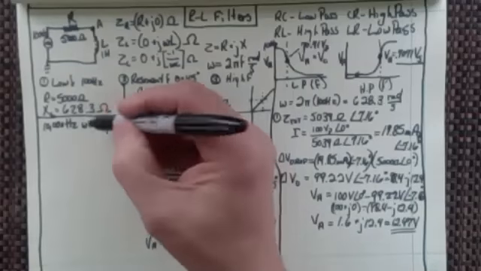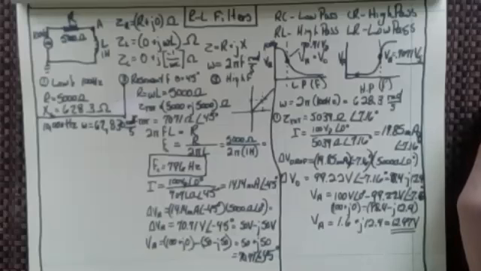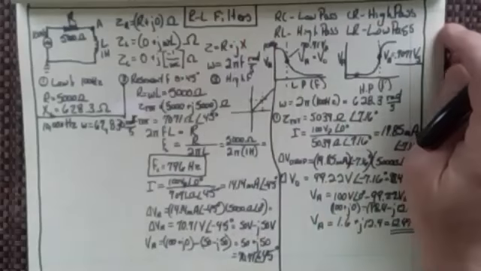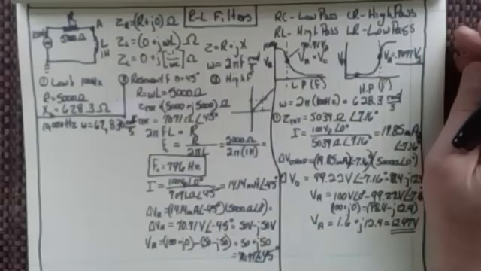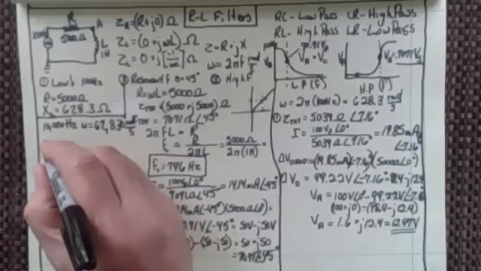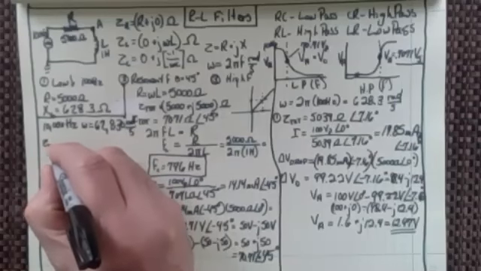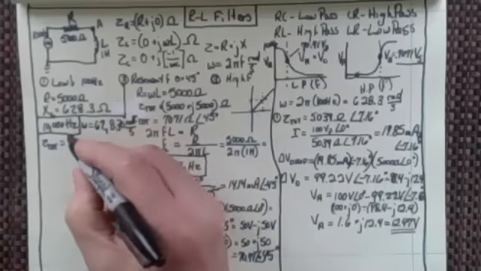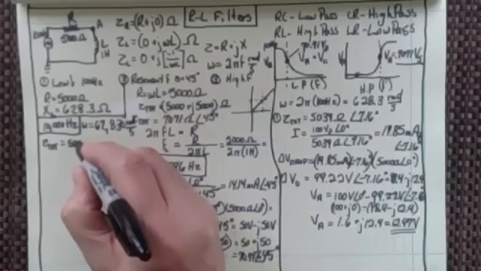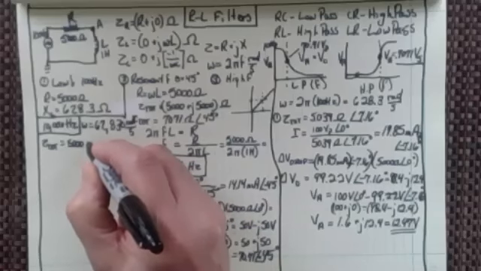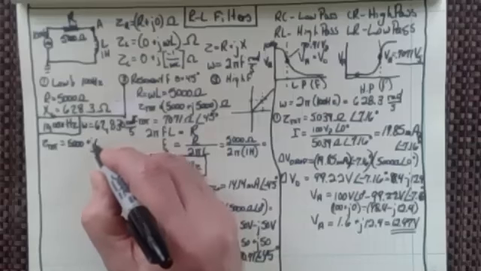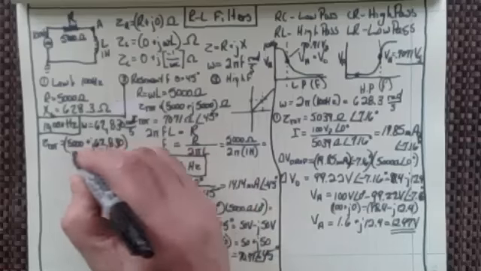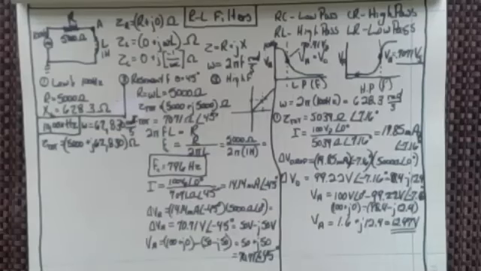So 10,000 hertz, omega 62,830 radians per second. If I was to multiply that by the inductance, that would be 62,830 ohms. So let's write that. So I've got Z total for our circuit at the high frequency, 10,000 hertz. That's going to be 5,000 ohms plus j62,830 ohms, right? I think everybody can see what's going to happen.